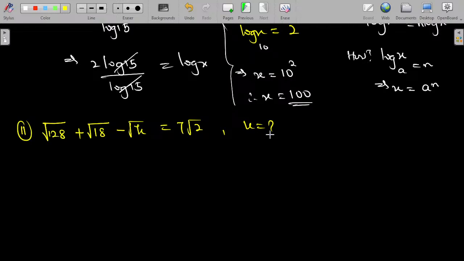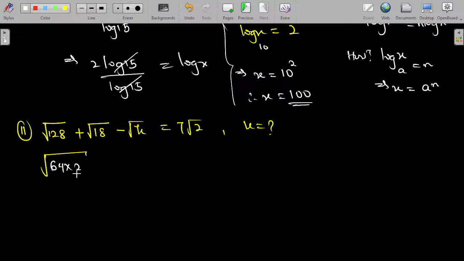You can clearly see that all you need to do here is to look for a way to simplify what you have, and the best thing is to actually bring this one over to this side and take root k to this side. But before we even go there, we know that 128 is the same as 64 times 2.